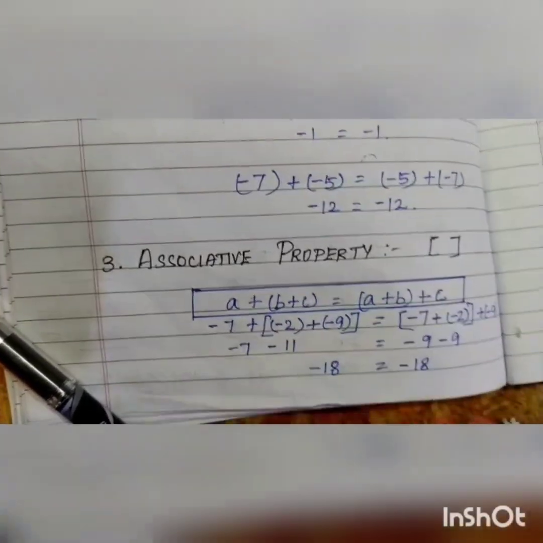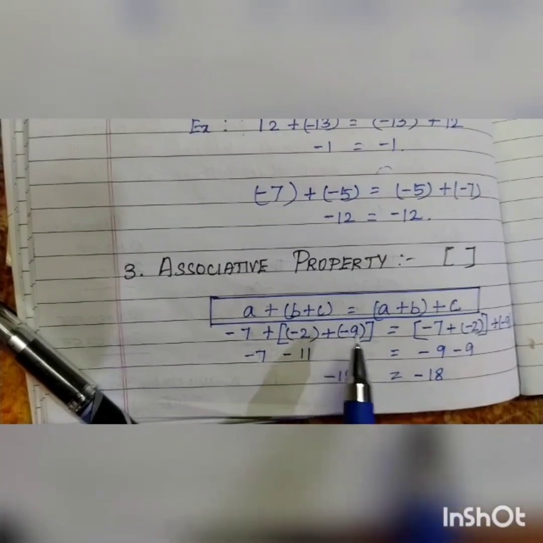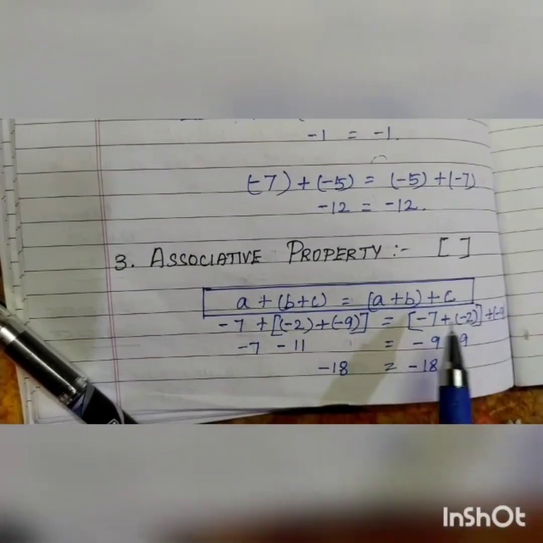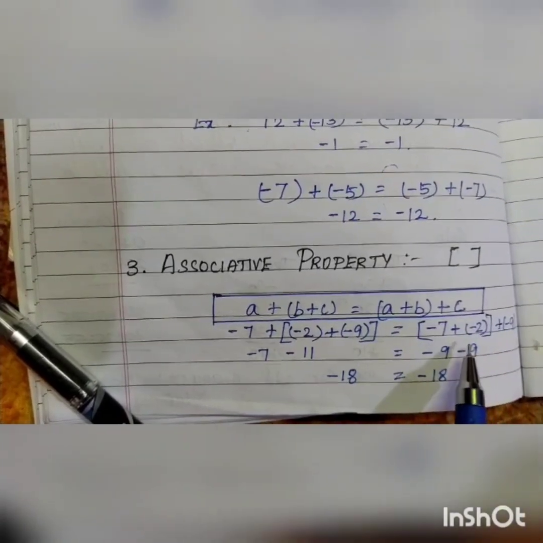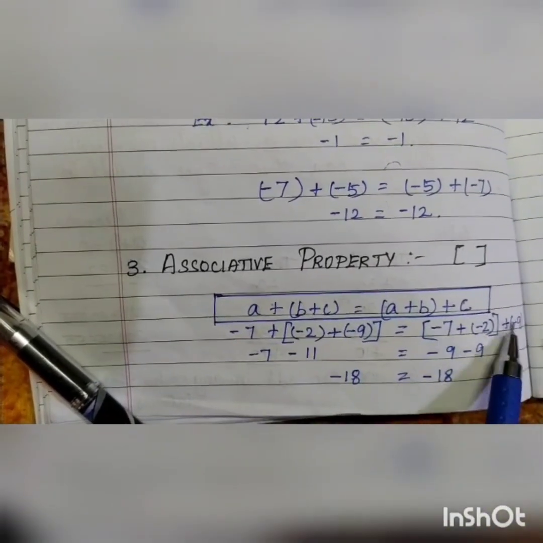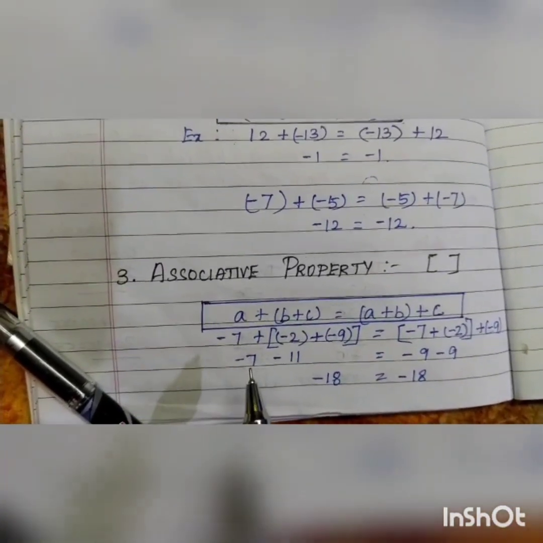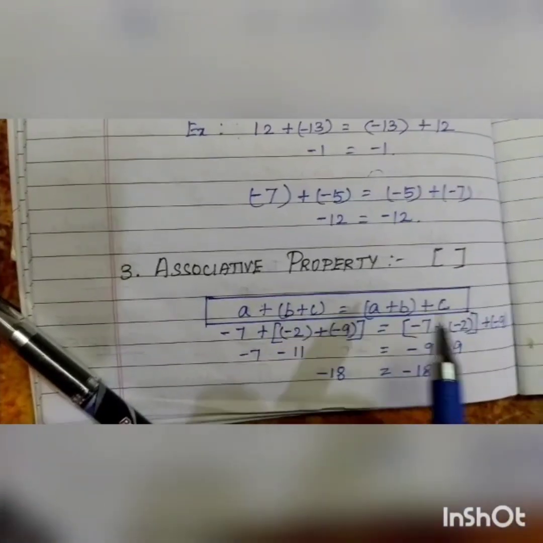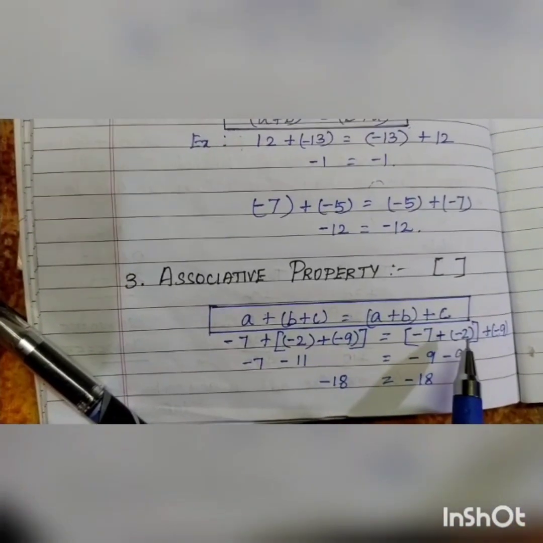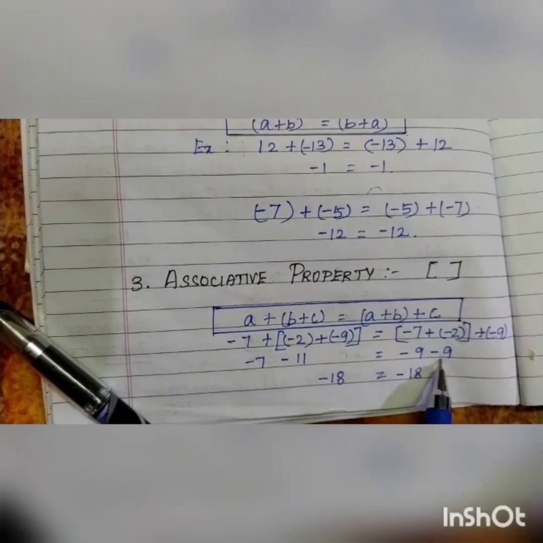Here, listen: A is minus 7, B is minus 2, C is minus 9. On this side, minus 7 plus minus 2, I have given the bracket like this. After that I separately wrote this minus 9. Are you clear? Here minus 7 minus 2 minus 9 is minus 18. On the other side, minus 7 plus minus 2 is minus 9, then I take minus 9 and write it here.